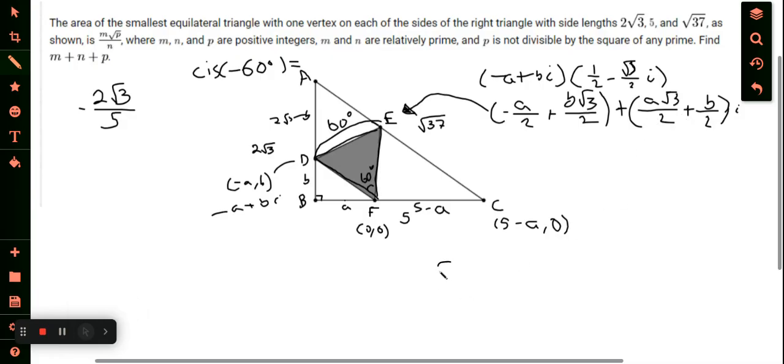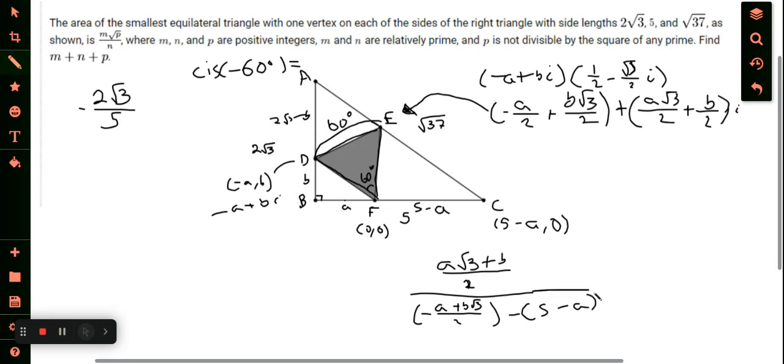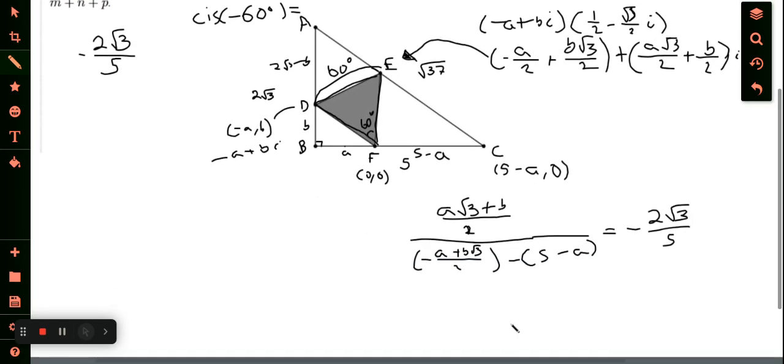So let's take this here, a root 3 plus b over 2, which is simply y2 minus y1, over negative a plus b root 3 over 2 minus (5 minus a), and this is going to be equal to the slope, negative 2 root 3 over 5. So now let's simplify the denominator here.